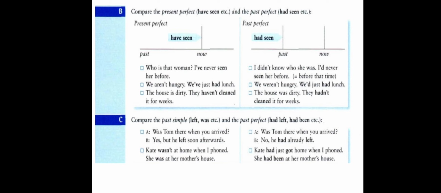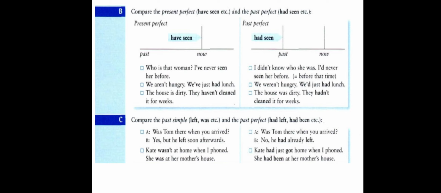The next example: Kate wasn't at home when I phoned. Here, two actions came together at the same time. So we use both actions in the past simple. Kate wasn't at home. This wasn't is past simple.